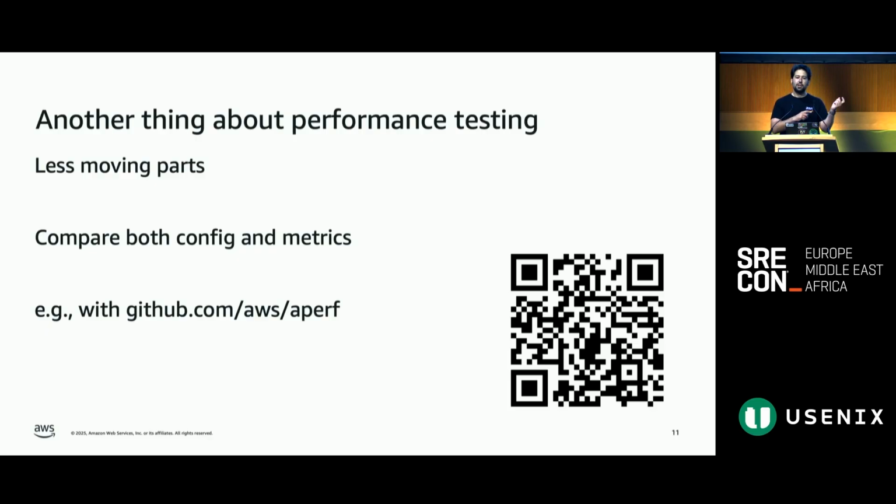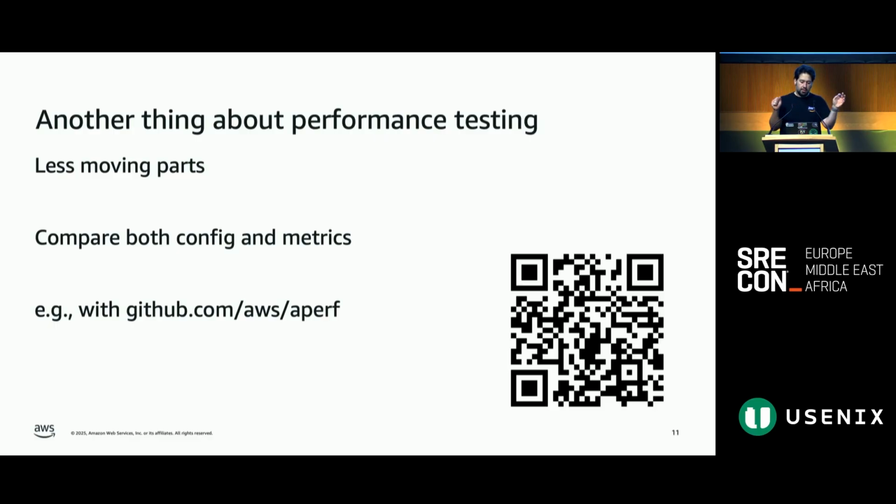But when it doesn't work, it makes debugging things a lot harder and identifying what's going to give you problems here. And so I would recommend fewer moving parts when you're doing this performance testing. Try to have your system under test as similar as possible, right? So similar kernel version, similar kernel flags, similar sysctl config and all that.